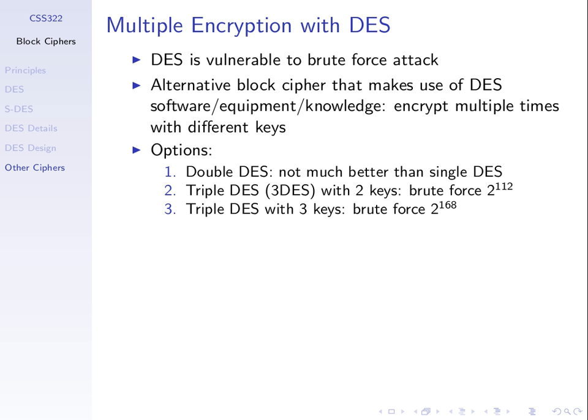Therefore, people have developed triple DES. If we call this double DES, triple DES. Take some plain text, encrypt 3 times with DES. And there are some variations on that. It may be encrypt, decrypt, encrypt, but use different keys.